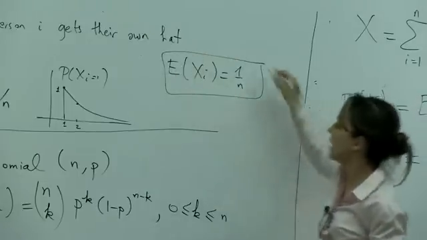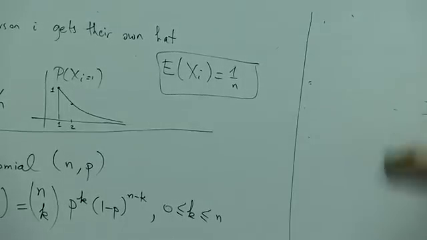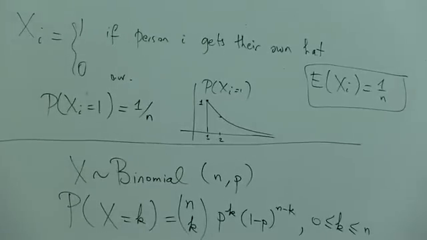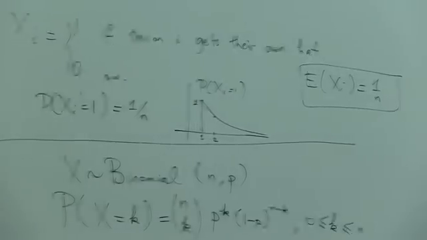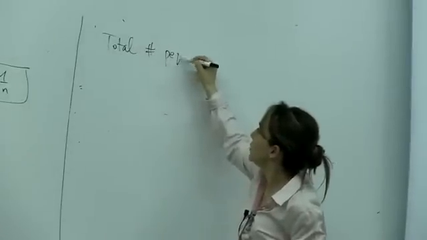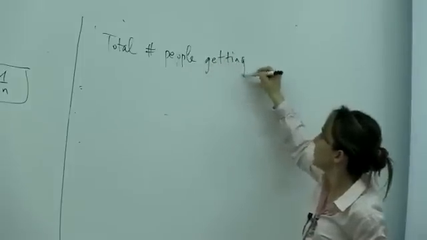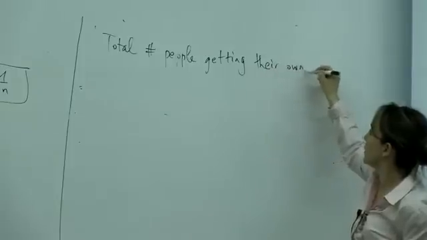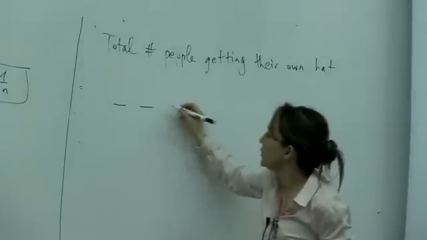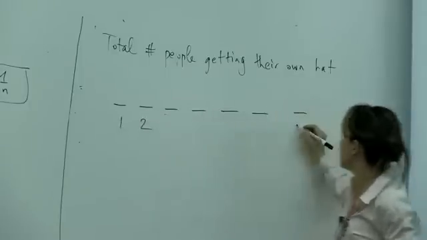Now, what does Xi have to do with the answer to the problem? The answer to the problem is the total number of people who get their own hat back. So the total number of people getting their own hats back. Now, there are n people, so let's put down n locations, 1, 2, up to n.